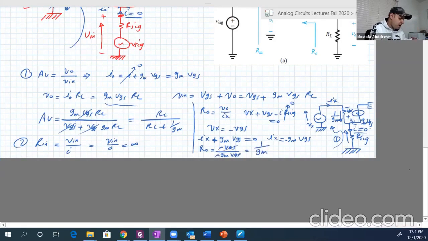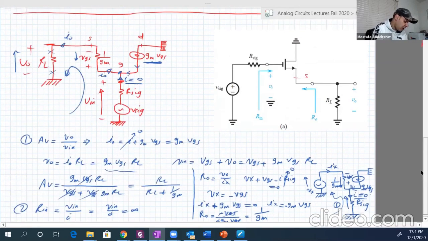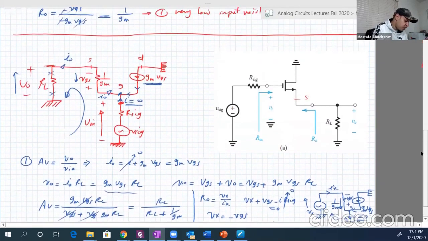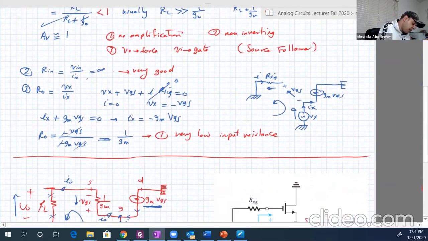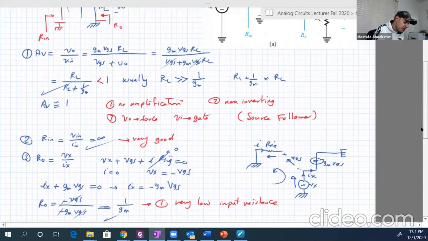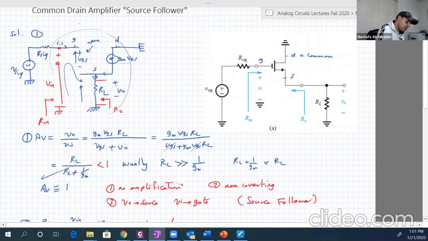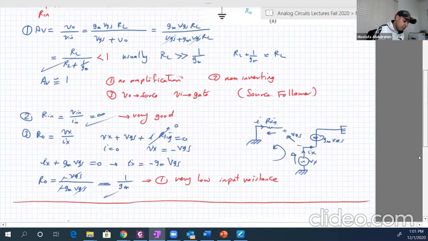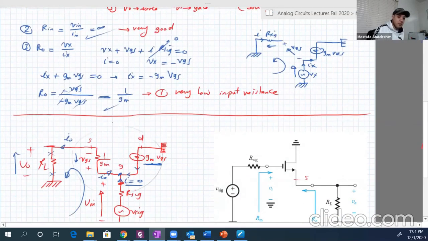So let's now compare our input and our output. Our input is infinity, and our output is 1 over GM. So again, using either version of the equivalent circuit, either this version or this one, both are equivalent.